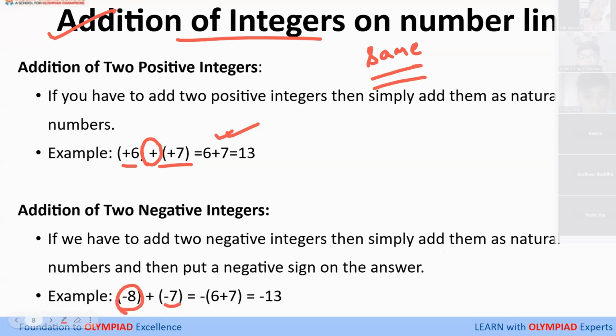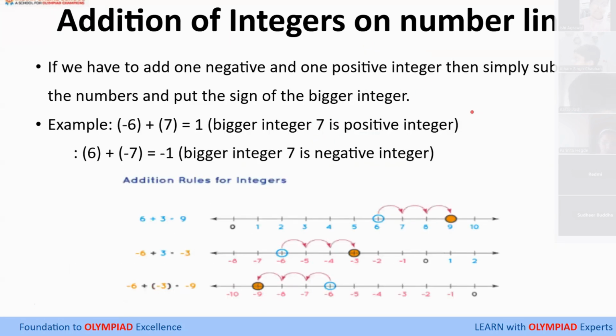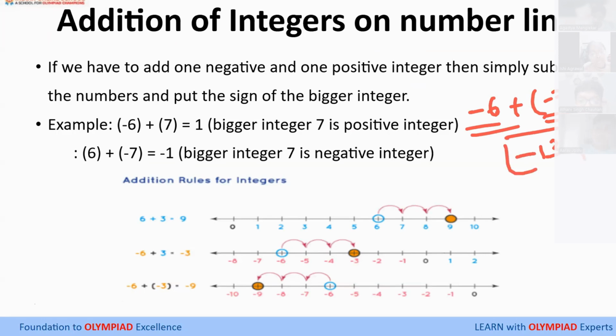Two negative integers under addition, again you add. For example, 6 plus 7 is 13, positive 13. Negative 6 plus negative 7: same symbols, both negative, then also you add. 6 plus 7 is 13, but a negative 13.